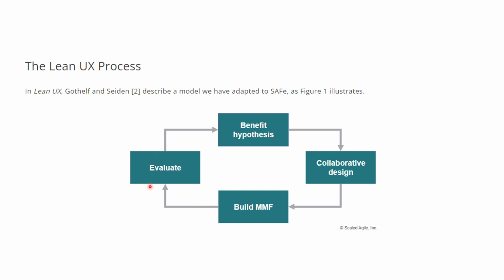And then you evaluate, and then it goes on. If you want to change the hypothesis, you can change it or create a new hypothesis, and follow the same process. Go with the collaborative design, build MVP, evaluate. So it's kind of a plan, do, check, act cycle, which has been explained in Lean UX by Gothelf and Seiden. The same thing is adopted in SAFe as well.